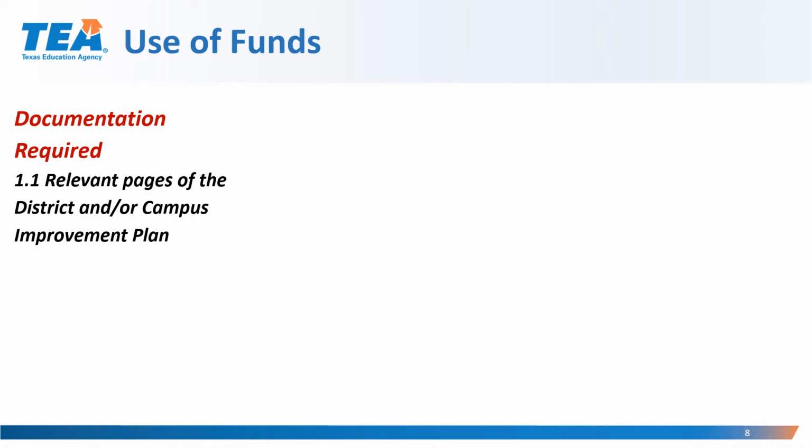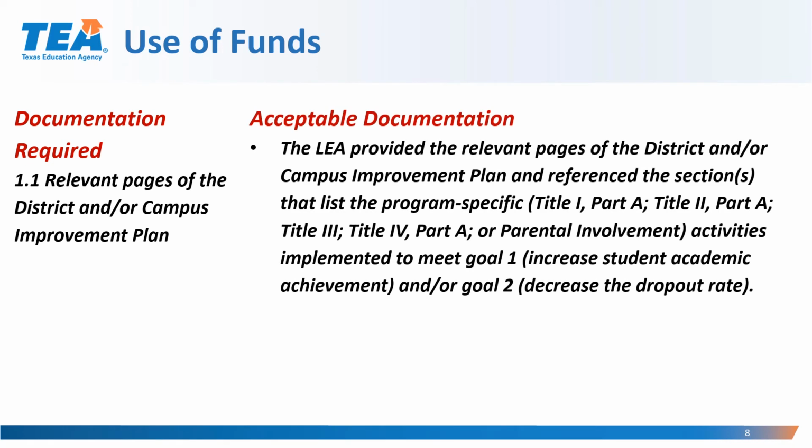Now let's examine some of the documentation required for this validation. So what is the documentation required? The relevant pages of the district and/or campus improvement plan. And this is the description of that acceptable documentation.